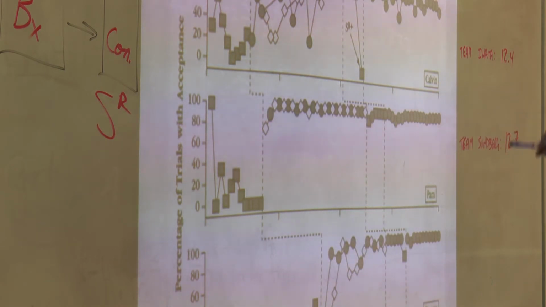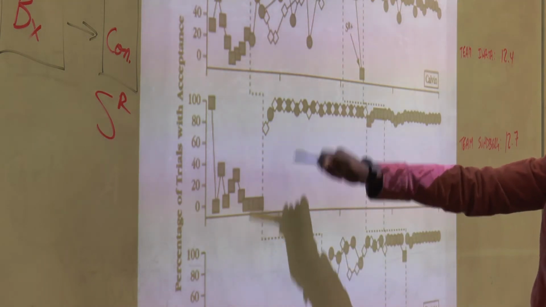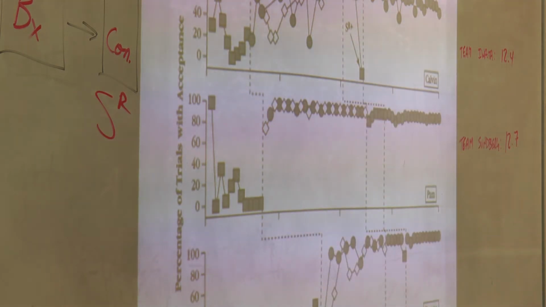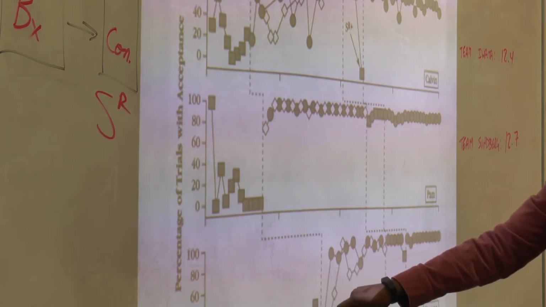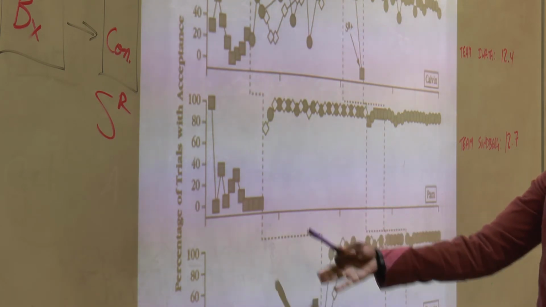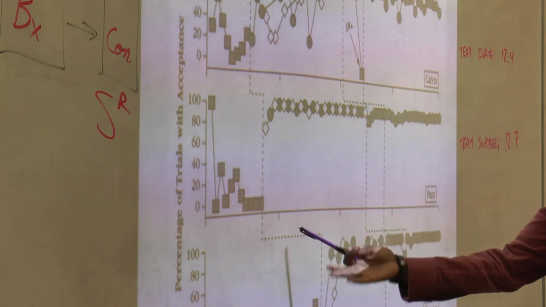And it happened with all three persons. For the three persons, the baseline was longer for each person, with more sessions. This was the worst case, as this person was not interested in toys at all, like some of us weren't interested in chocolates last time. So we realized that that wasn't working.